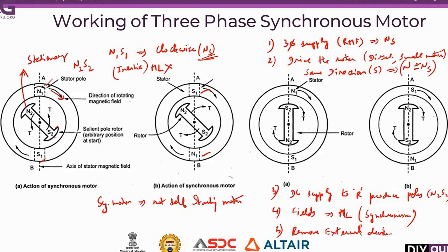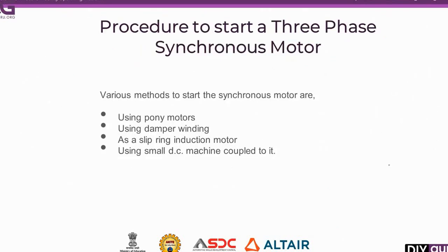This is how you must start the three-phase synchronous motor. After starting, we can remove the external device so that after some period the rotor rotates at the synchronous speed itself, as that of the rotating magnetic field. There are some methods to start the synchronous motor. One is using a small motor or using a damper winding.